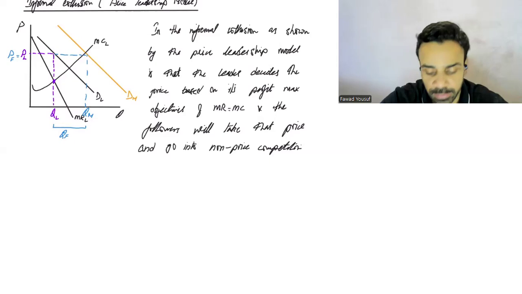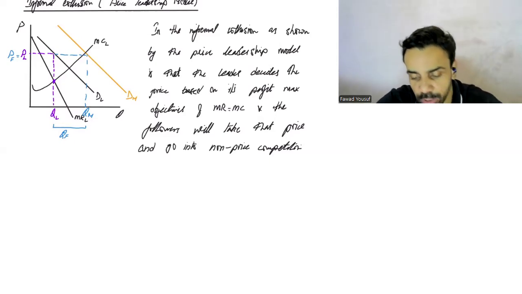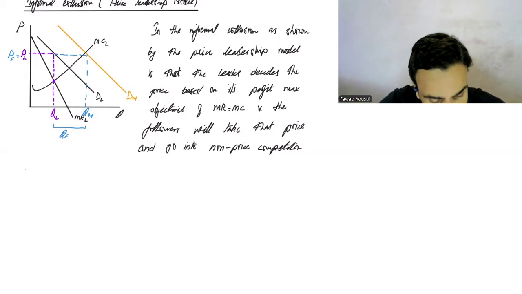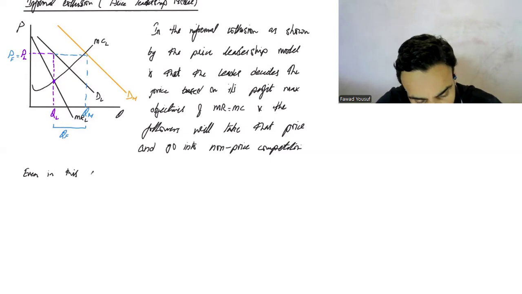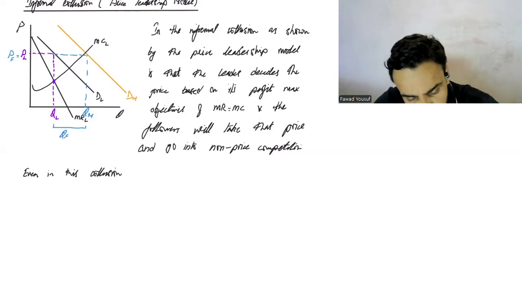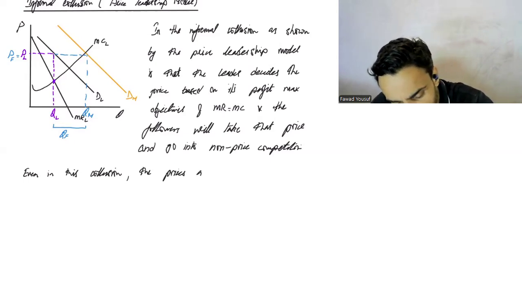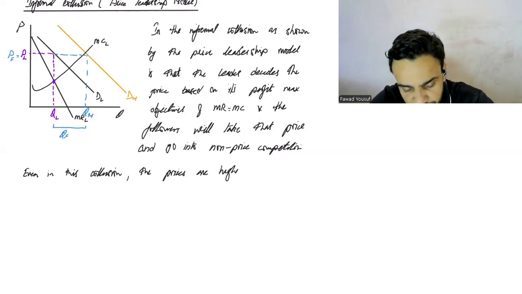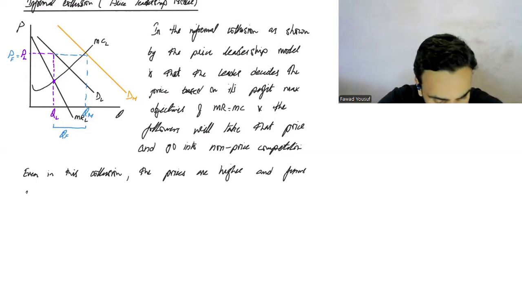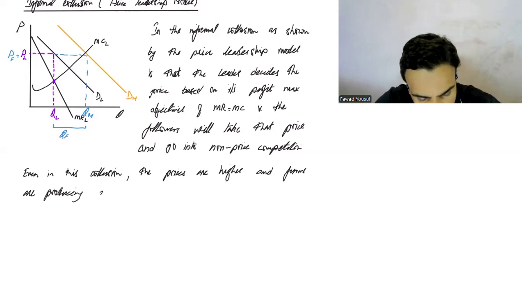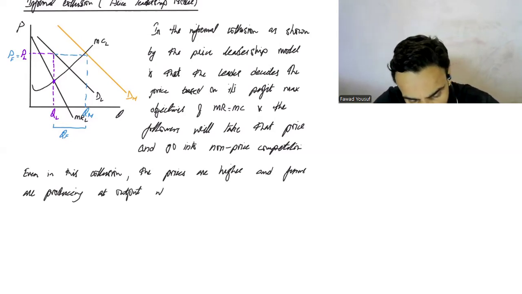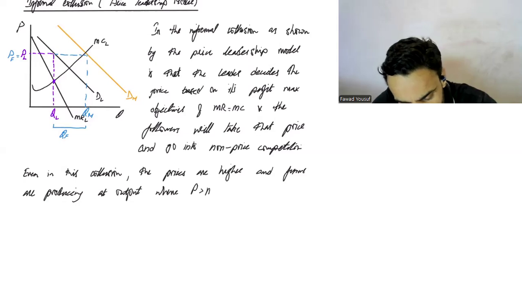तो इस केस के अंदर भी हम यही बात करेंगे that is true, that we can see that even in this collusion, the prices are higher and firms are producing at output where P is greater than MC.